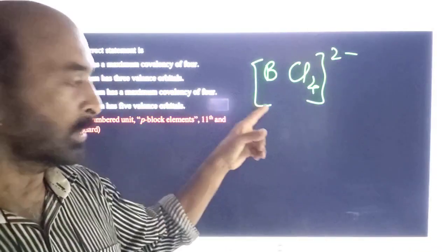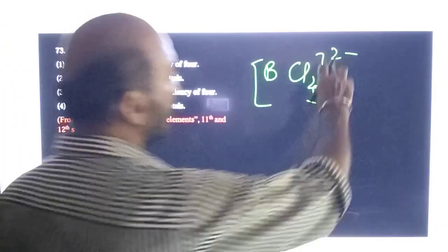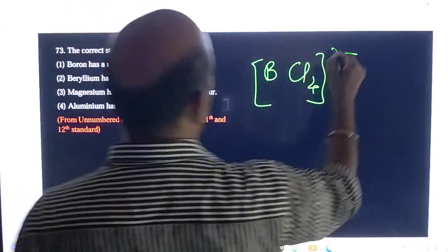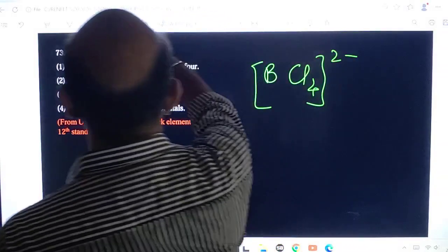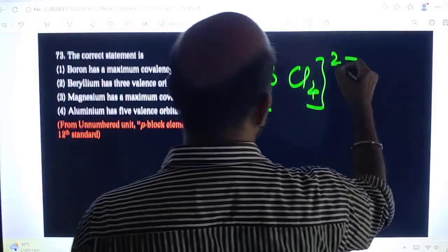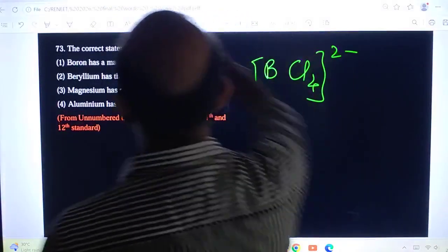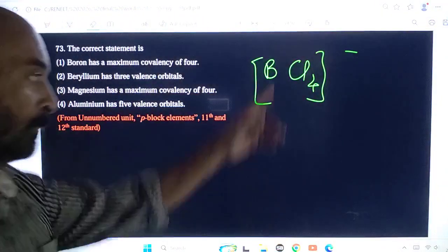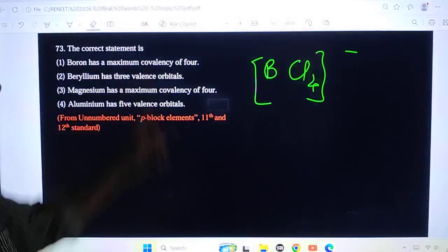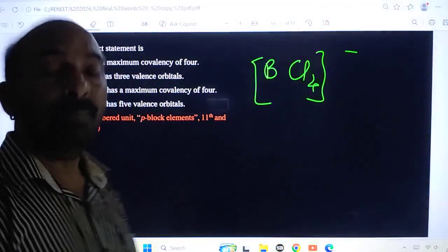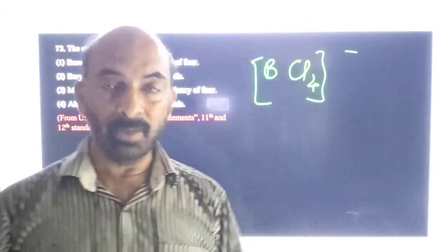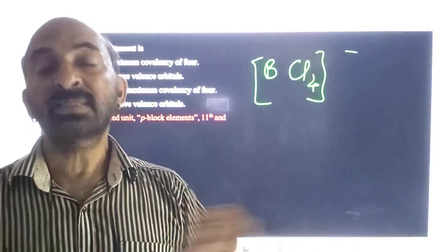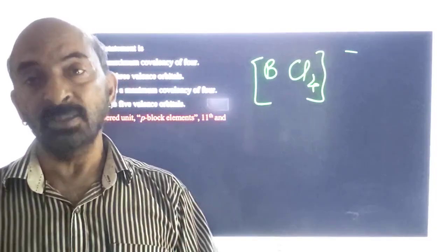BCl4, boron tetrachloride with the 1 minus charge. Beryllium has 3 valence orbitals. Beryllium as well as boron, remember, both belong to the second period elements, isn't it?